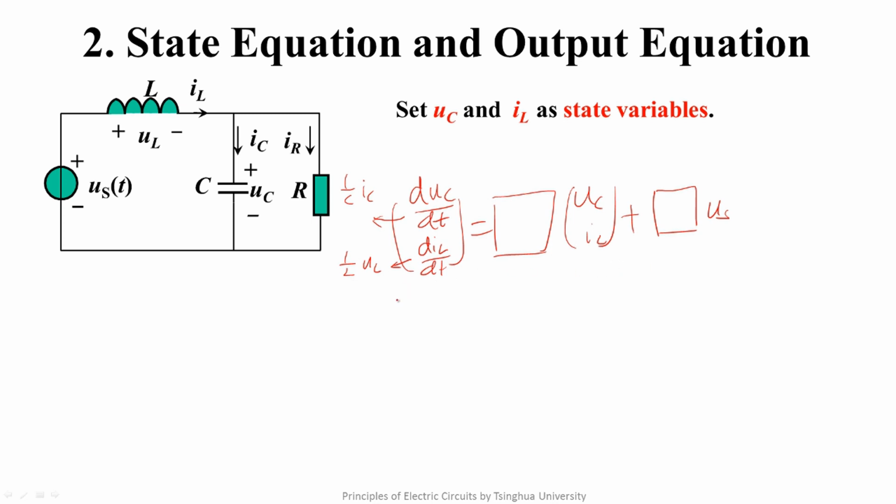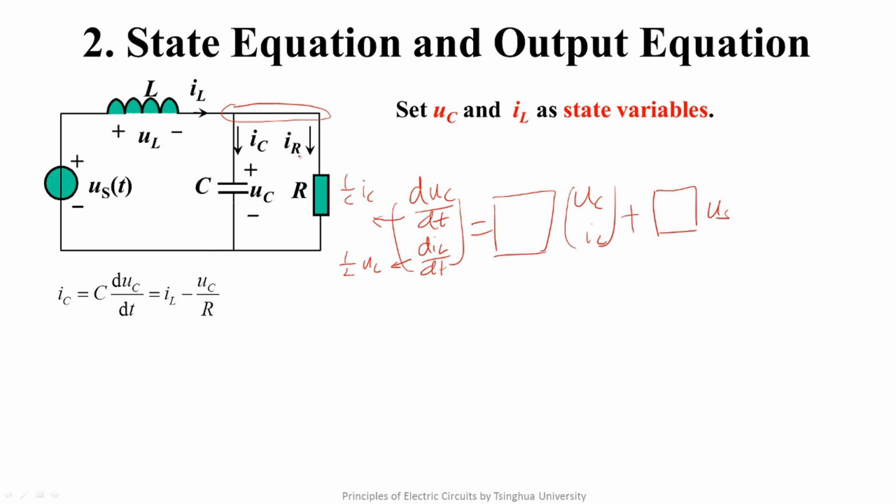In other words, by using the linear combination of the capacitor voltage, the inductor current, and the external excitation, we can represent capacitor current and inductor voltage. For such a circuit, if we want to solve IC, we need to write KCL here. That is, IC equals IL minus IR.